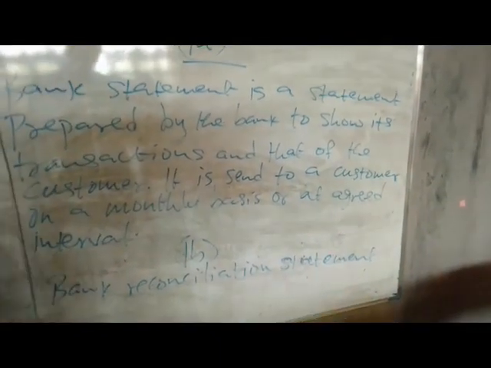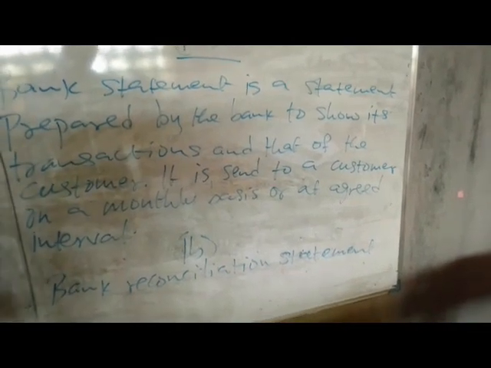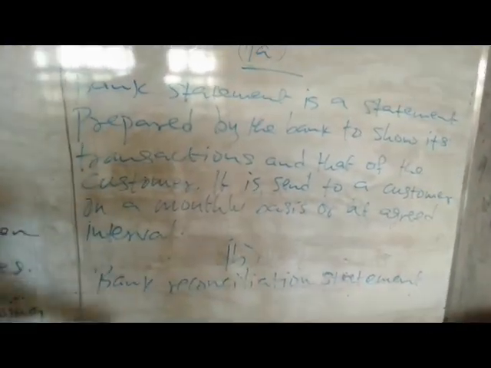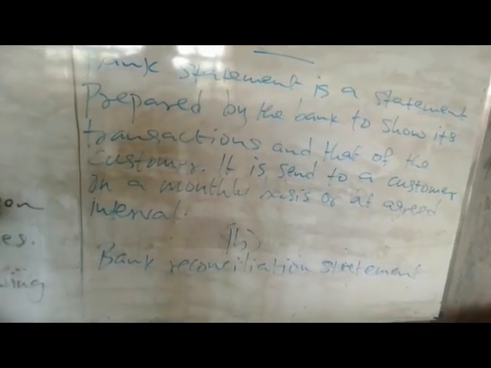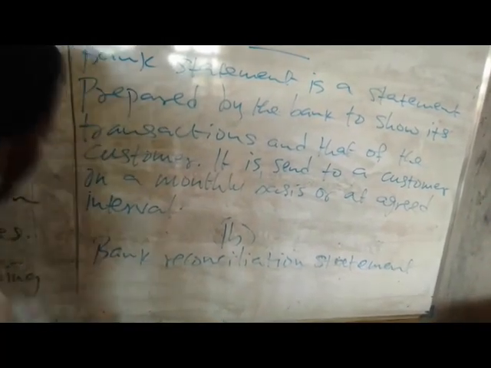What makes the bank reconciliation statement different from the bank statement is that the bank reconciliation statement is a document that will state all the problems and try to reconcile the problems involved between the cash book and the bank statement. Now, let me write the definition on the board for you.